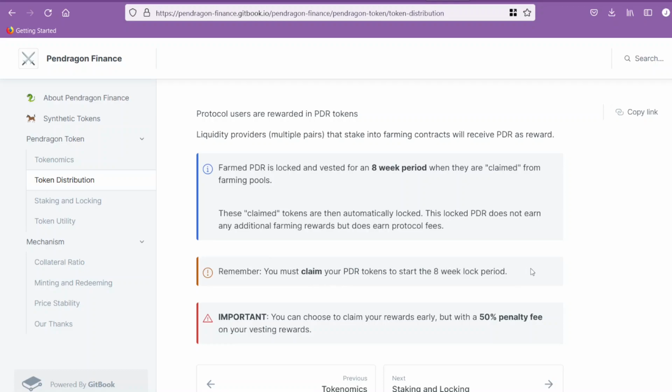Because if you don't do that, then the 8 weeks won't start counting down, which is important. So most of these projects do have lockup periods, like big lockup periods, and the reason for that is to try and keep some sustainability and longevity in the projects. And you can claim rewards early, but there will be a 50% penalty fee on your vesting rewards.